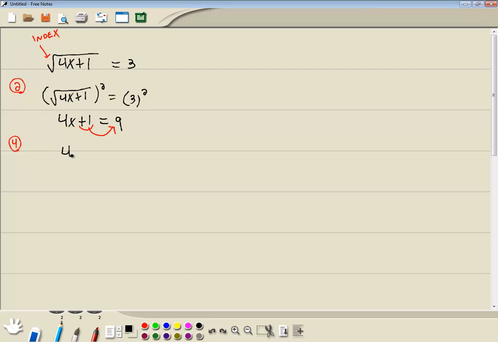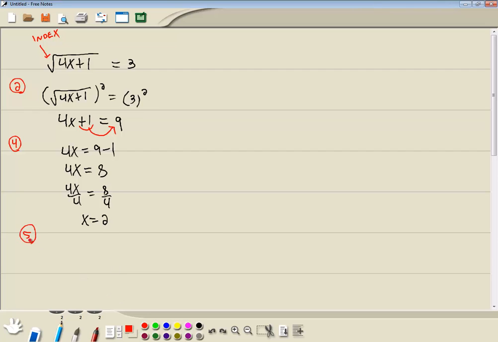So I'm going to take that positive 1 over to the right side and it becomes a negative 1. At any step, combine together numbers. 9 minus 1 is 8. And then the fourth step for solving linear equations is divide both sides by the number in front of x. So we'll divide both sides by 4. And 8 divided by 4 is 2.